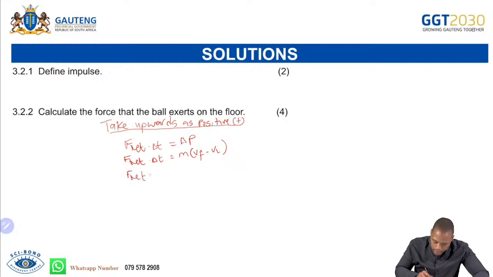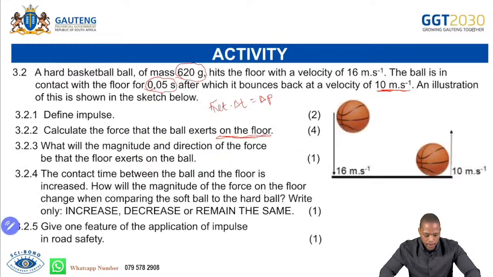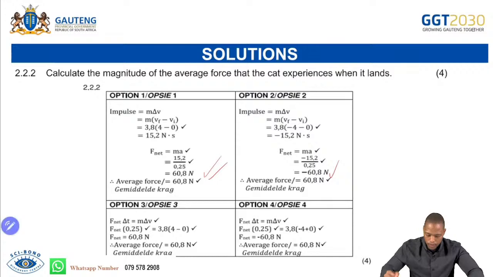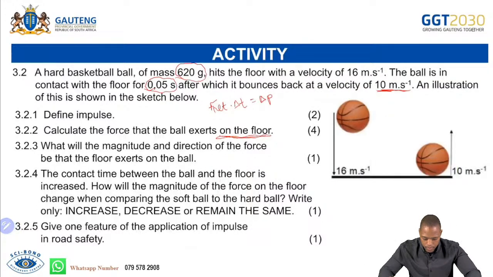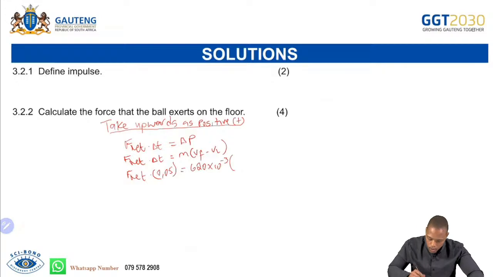F net. Now I'm going to need to go back and take some data there. Okay, the time is 0.05 and the mass is 620 grams, and then I have 16 initial and 10 final. So the time will be 0.05 here with a mass of 620 times 10 to the power of minus 3. I'm already converting it from grams.